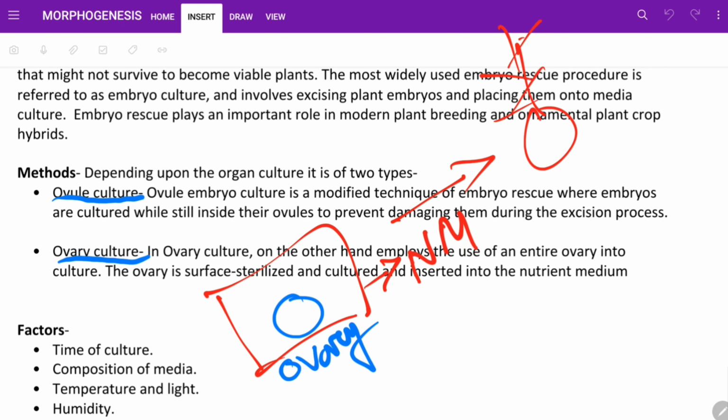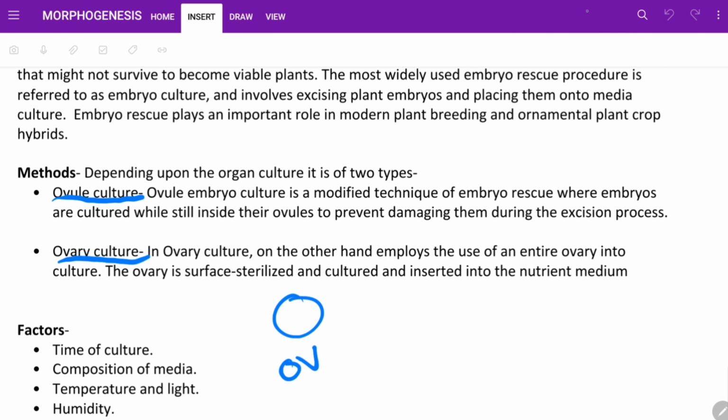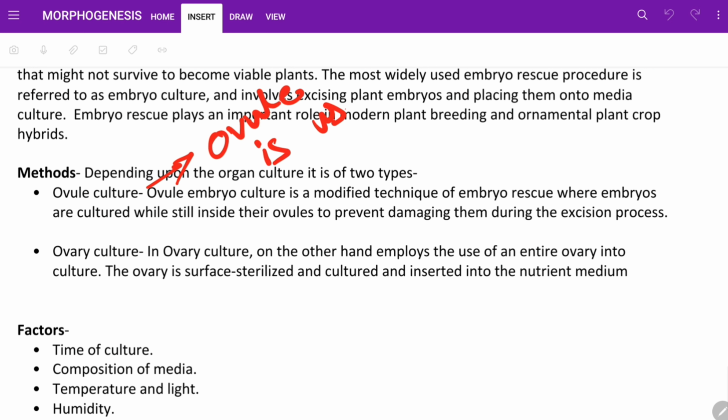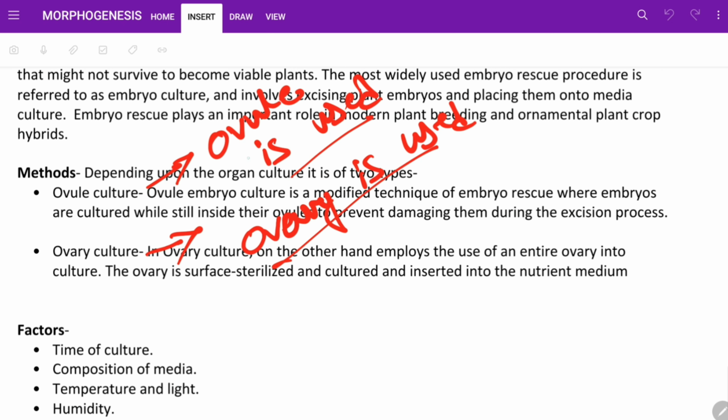So this is ovary culture and ovule culture. In ovule culture, the whole ovule is used, and in ovary culture, the whole ovary is used. This is the main difference between ovule culture and ovary culture.